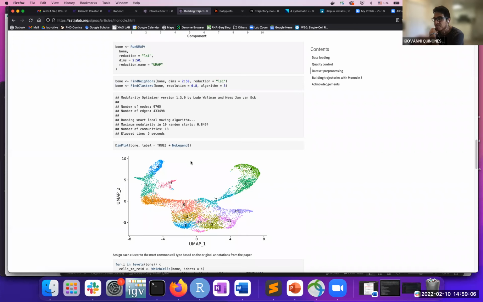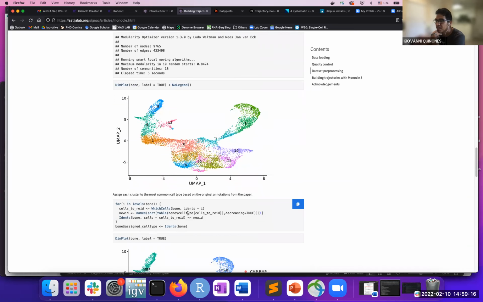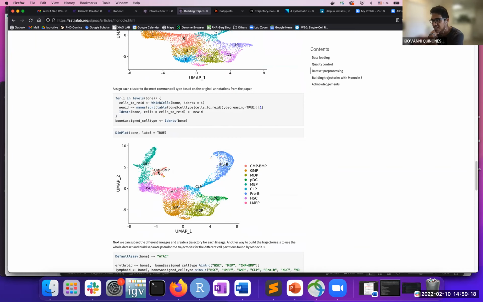So starting from this plot where we identify our two-dimensional clustering of cells using UMAP, and then later on we assign labels to every cluster.